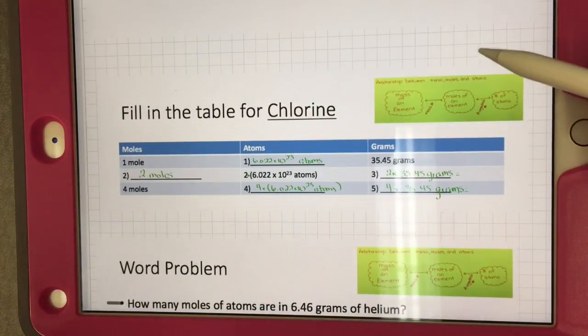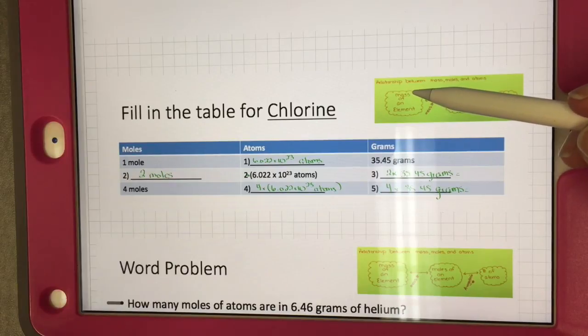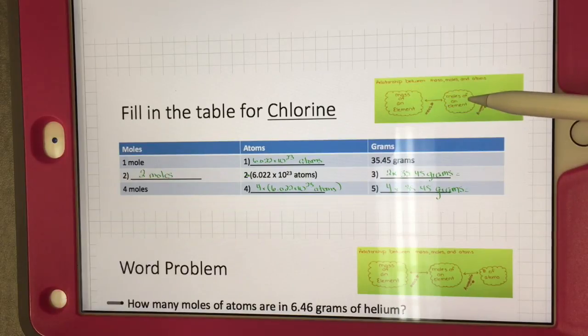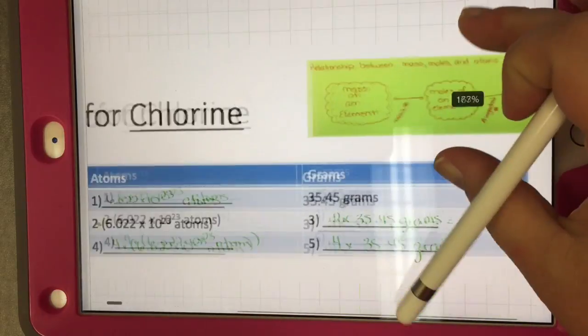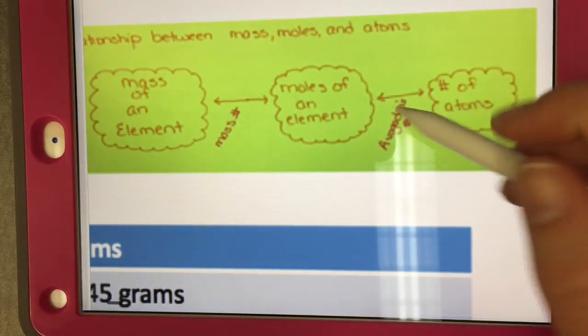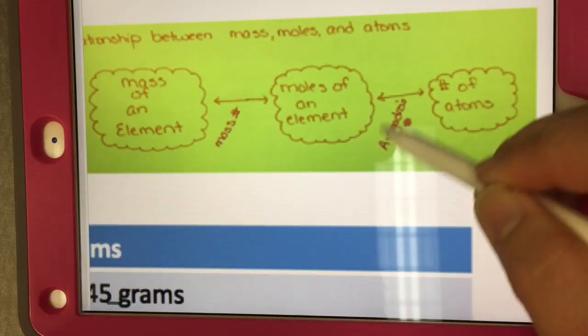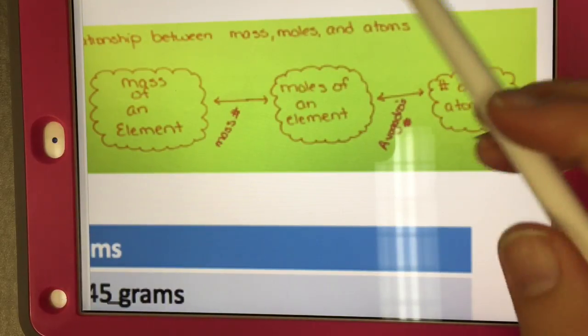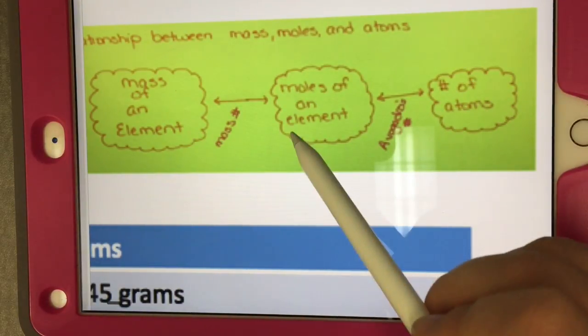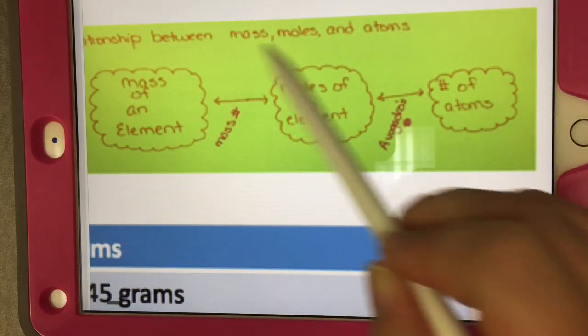And so we're going from moles to atoms using Avogadro's number. I know this can be hard to see up here in the corner. But we're going from moles to number of atoms using Avogadro's number. And we go from mass of an element to moles of an element, or vice versa.